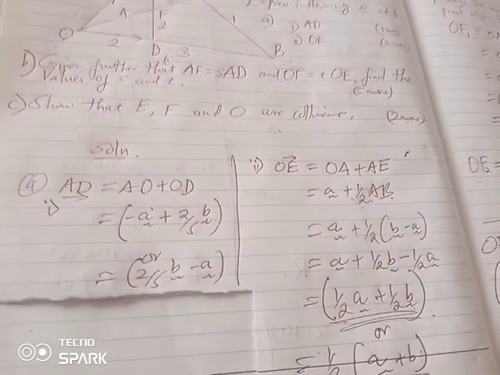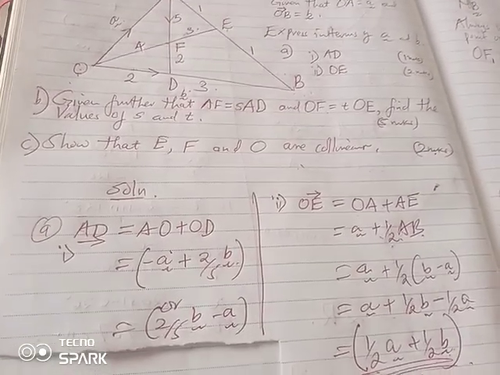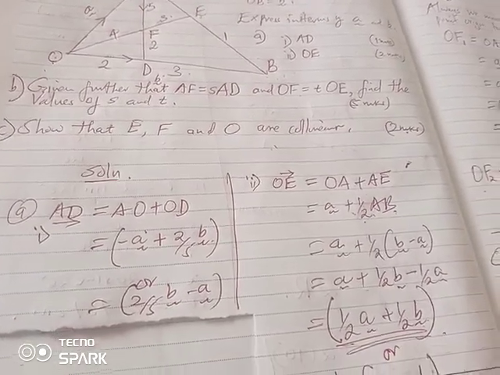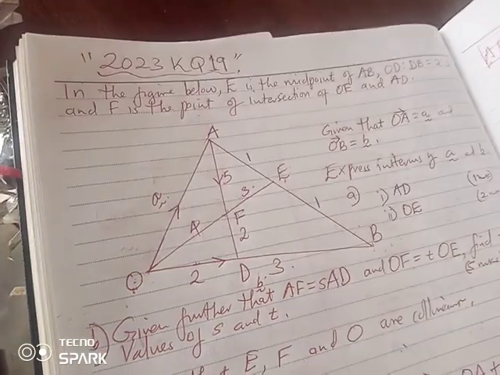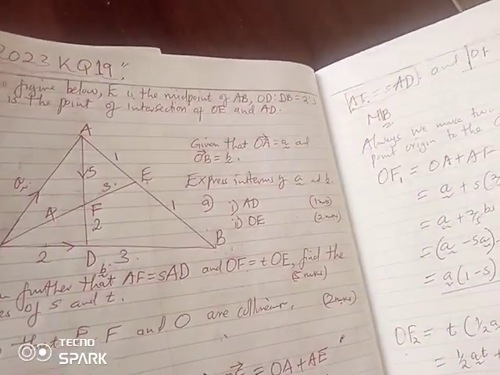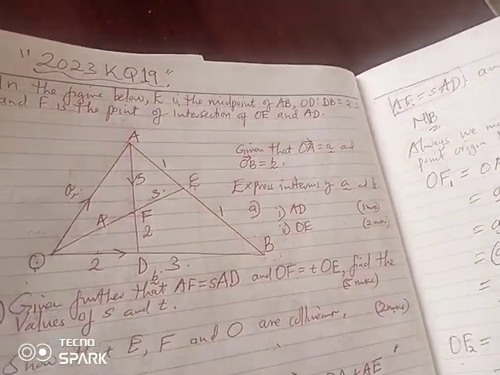So the last part of the question, we were asked to show that E, F, and O are collinear. So collinearity is very simple. I told my students this part is very important, and therefore you never know. Let's pay attention and be able to get the 2 marks. We said section B is 3 marks, and we cannot afford to lose either of the marks.